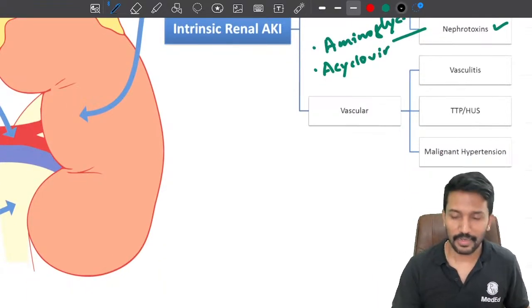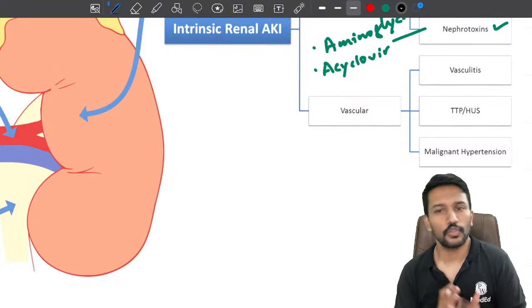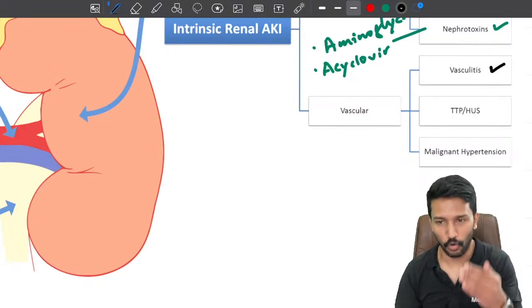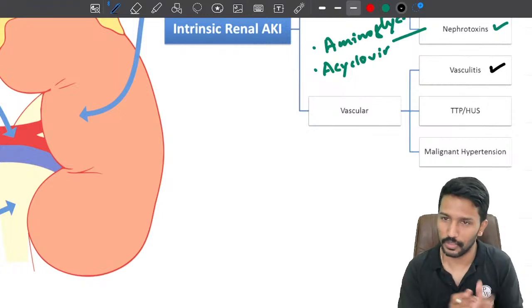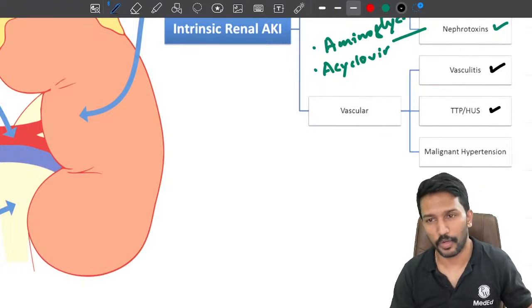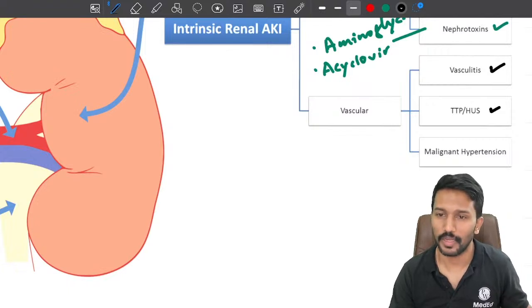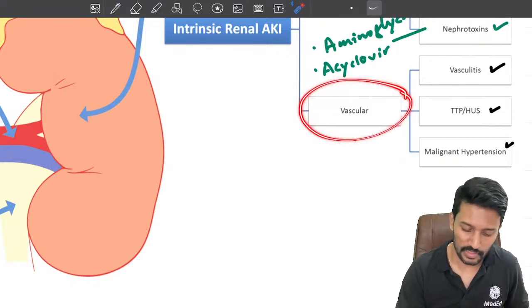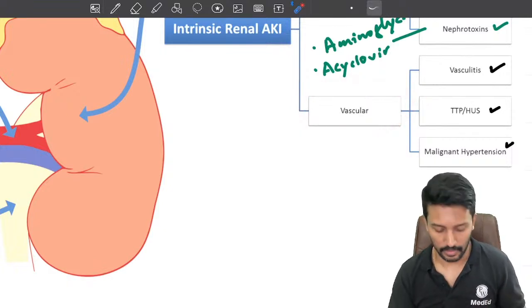Then the blood vessels that are around the tubules, they can also get damaged. In what conditions? In vasculitic conditions. We have studied a lot of vasculitic conditions in rheumatology, all of them. Then you might have heard about thrombotic thrombocytopenic purpura or hemolytic uremic syndrome, and you might have also heard about malignant hypertension. These are all vascular causes for intrinsic renal AKI.